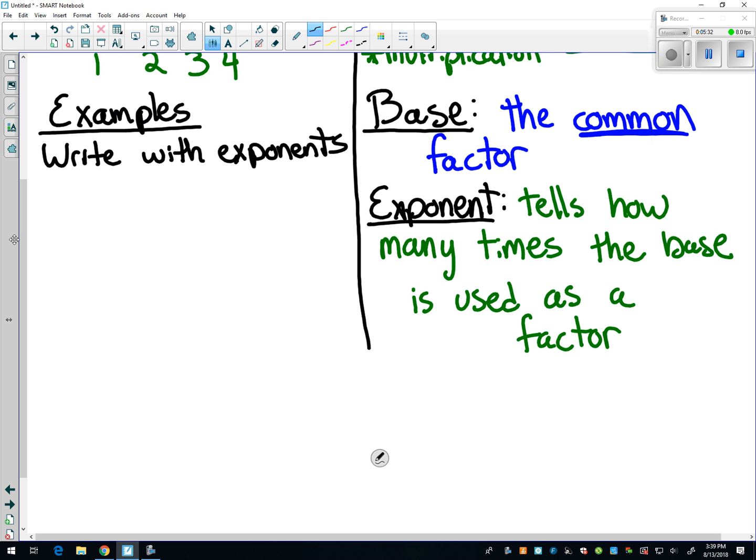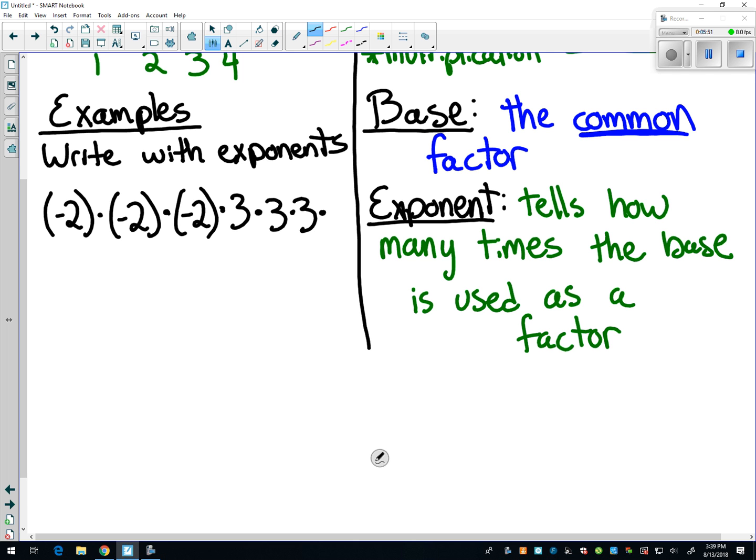It'll look like the following. First example will be if I take -2 times -2 times -2 times 3 times 3 times 3 times 3. I'm going to rewrite this using exponents.